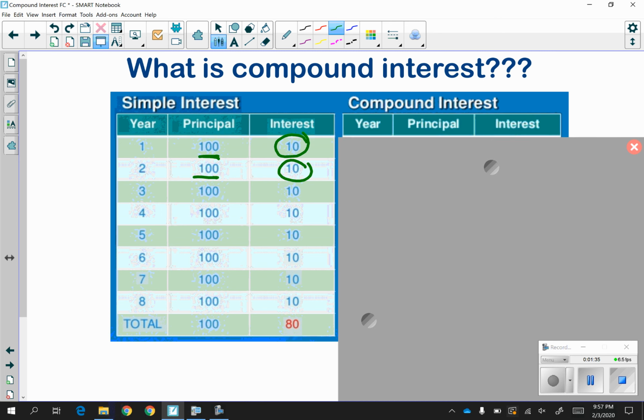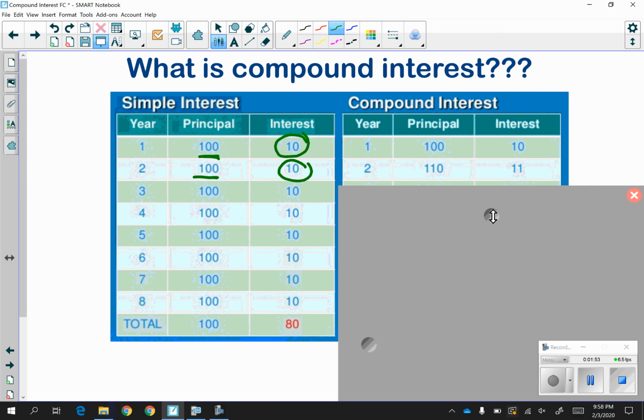Compound interest starts similarly. You have $100 and you invest it, so you get $10 at the end of the year. But you take that $10 and you put it back in the bank. So next year you have $110, which means your interest is going to go up. Not by much, but at least it goes up. You're going to take that $11 and put that back in the bank.